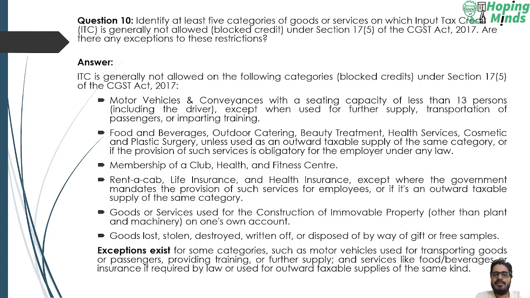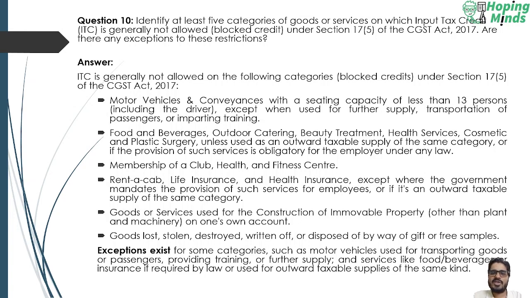Then rent a cab, life insurance and health insurance, except where the government mandates the provision of such services for employees, or if it's an outward taxable supply of the same category. So in this case also input tax credits cannot be claimed. Goods or services used for construction of immovable property other than plant and machinery on one's own account.